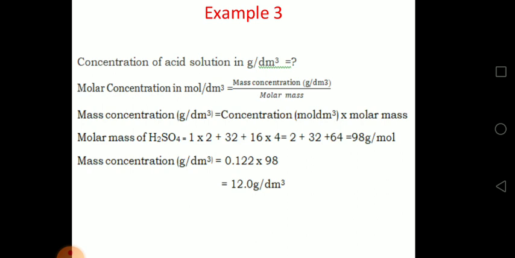So the mass concentration is given as 0.122 times 98, which gives 12.0 gram per dm cube. And that is the mass concentration of the acid solution. It implies that 12 grams of the solute has been dissolved in 1 dm cube of the solvent.